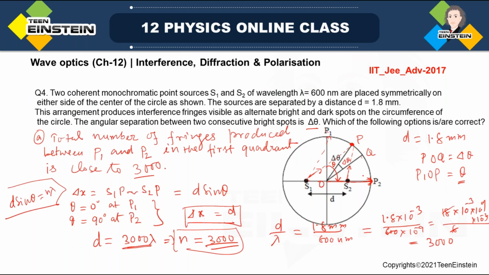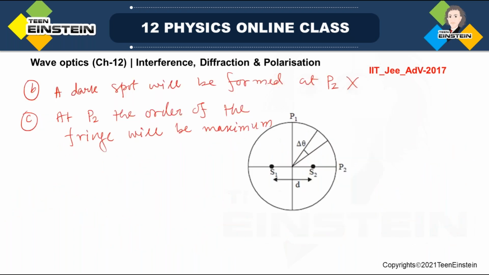We have seen the path difference will be d, that is the maximum, and we have shown that d sine theta is equal to n lambda. So there is a maximum order of 3000 fringes. That is the maximum order of the fringe at P2. So this is also correct.